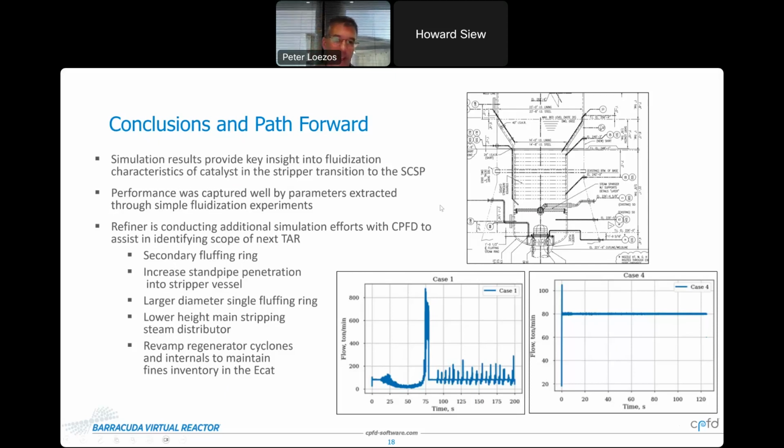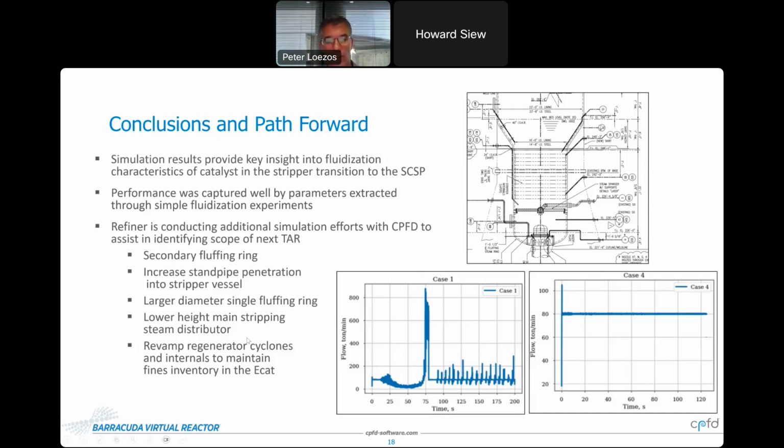They're also looking at a larger diameter single fluffing steam ring, so the idea here is to get that fluffing steam ring further into this defluidized zone of catalyst and potentially break it up. They're looking at lowering the height of the main stripping steam distributor, and that's to compensate for the more rapid defluidization times of the core ECAT.